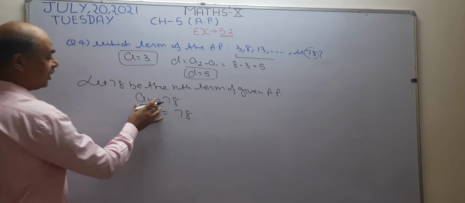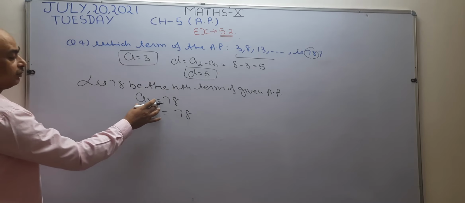Now, I am going to write the formula for finding the nth term. The formula is A plus (n minus 1) into D. Now, I want to substitute the values of A and D which I got from the AP. So, the value of A is 3. The value of n is not given. The value of D is 5. This is equal to 78. I want to check the value of n from this.